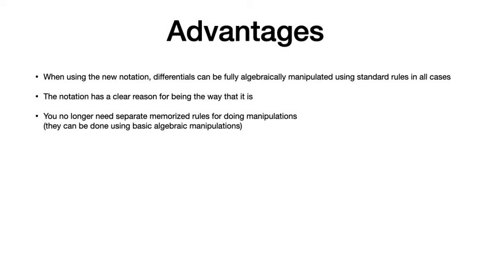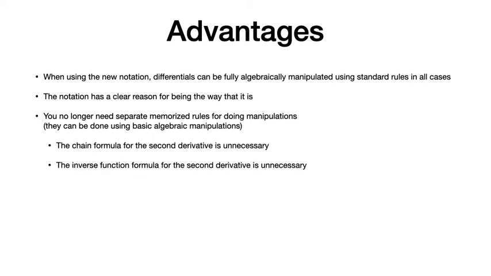There's actually another rule as well. So not only do you have the chain rule for the second derivative, there's also an inverse function formula. So you can take the second derivative of y with respect to x, and change it into the second derivative of x with respect to y using the inverse function formula, which you can derive entirely through algebraic manipulations.